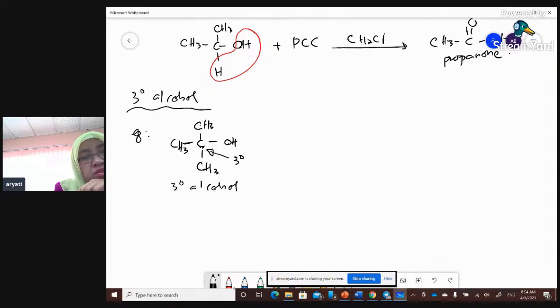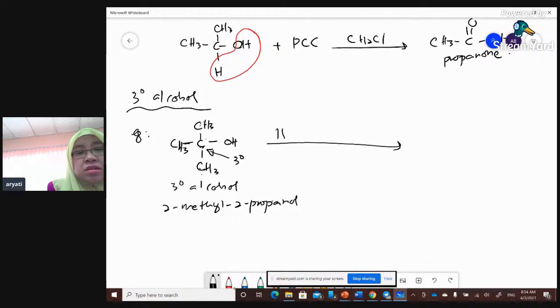So the name for this compound is 2-methyl-2-propanol. Okay, when reacted with strong oxidizing agent, hydrogen chromate, acidic heat. Kita tengok saya guna oxidizing agent yang lain sebab saya nak tunjuk itu ialah contoh-contoh oxidizing agent.